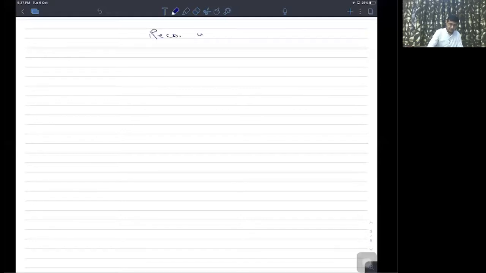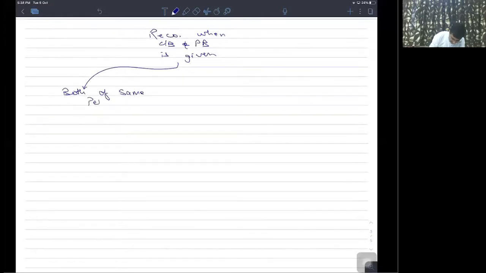Reconciliation when cash book and passbook is given. In that case, both of the same period. What are you supposed to do?